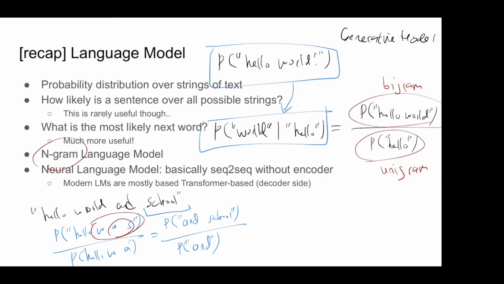You just have the decoder, where the encoder can be considered an empty string. Then it becomes your language model. And language models are mostly based on transformer, just like how other seq-to-seq or encoder models are based on transformer. So it's good to know, because if you read recent papers, that's something people kind of assume.